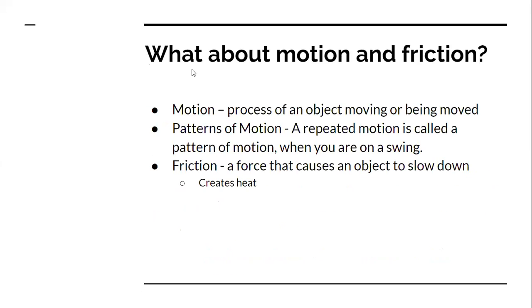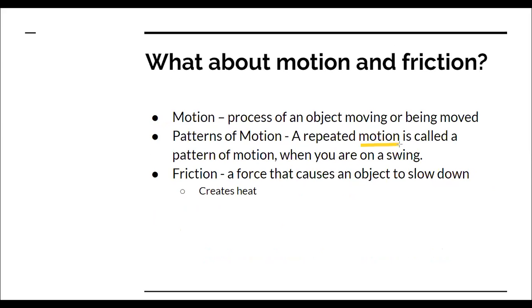So what about motion and friction? Motion is the process of an object moving or being moved. Patterns of motion is a repeated motion. So it's a motion that keeps going or continues. This could be like a swing, or if you're doing jump rope, it's a motion so you know when to jump.